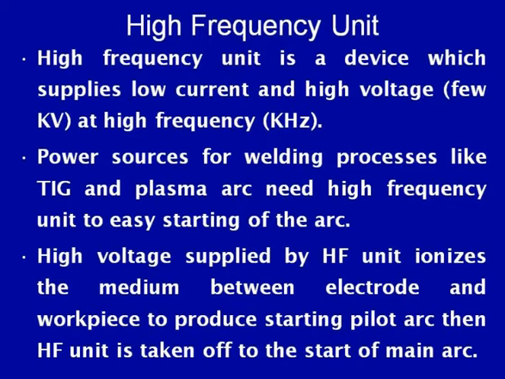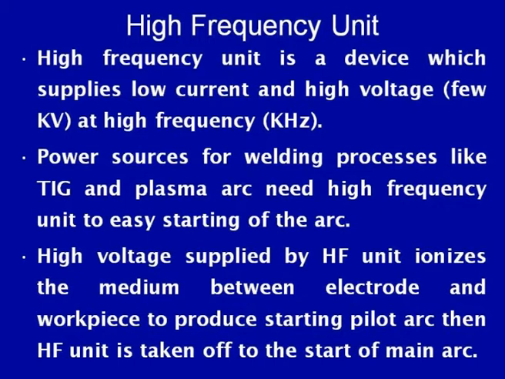Once the arc is ignited, it is taken off from the welding circuit and the normal welding current is supplied, so that the required heat can be generated. So, it is just an accessory which is brought into the welding circuit to supply pulses of high frequency, high voltage, low current to the welding circuit, so that the arc can be ignited.